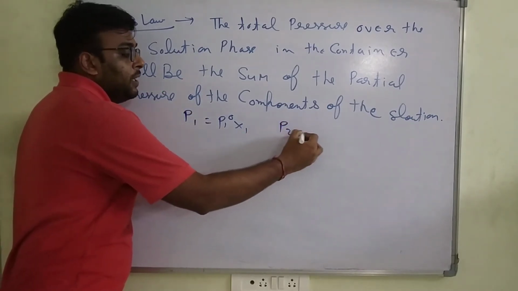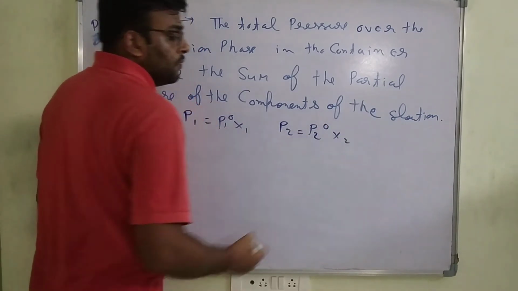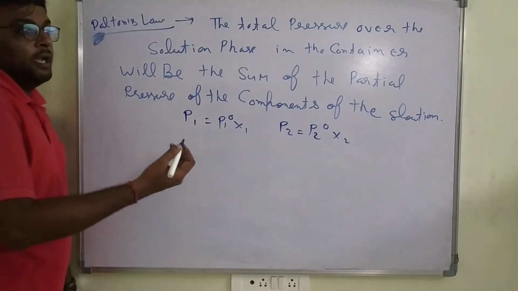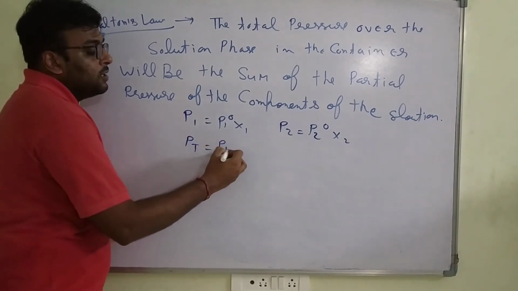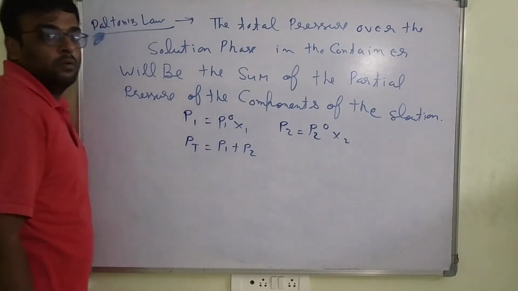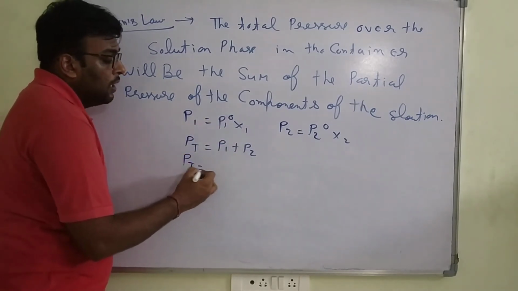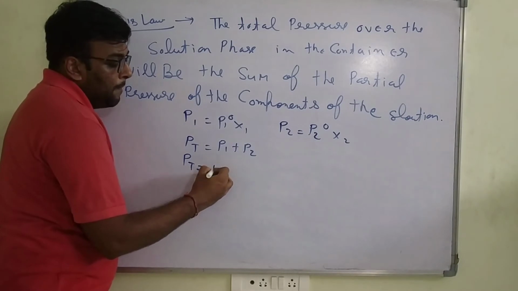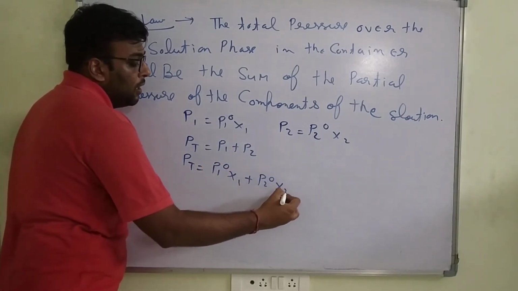Same as that, P2 is equal to P2 naught x2. Here I am adding the sum. So P total is equal to P1 plus P2, which is P1 naught x1 plus P2 naught x2.